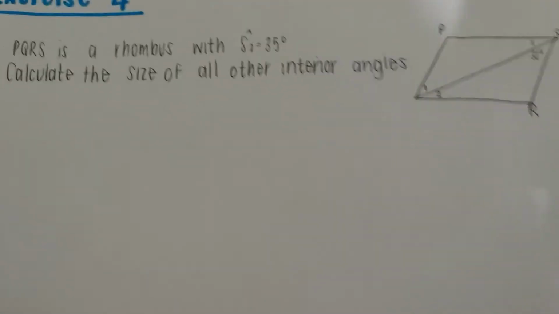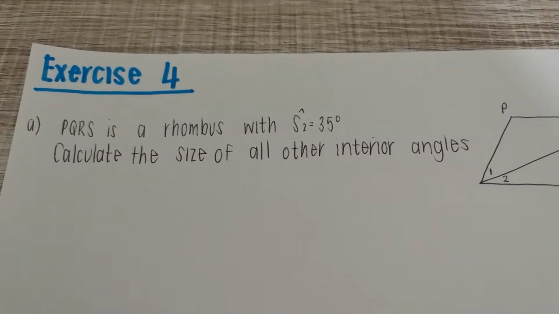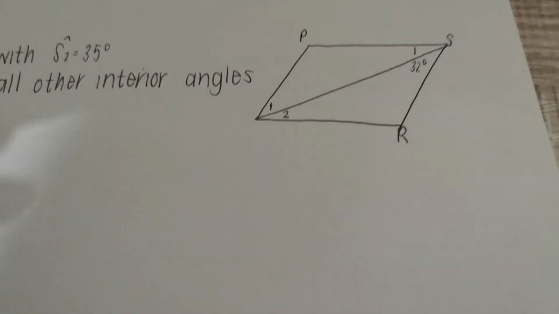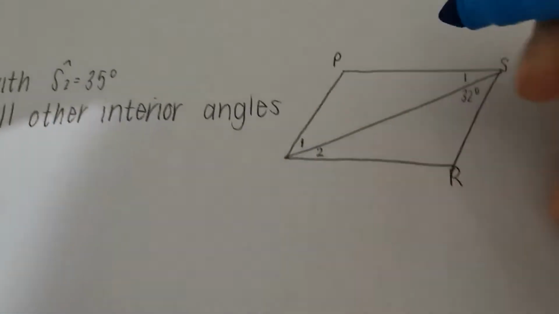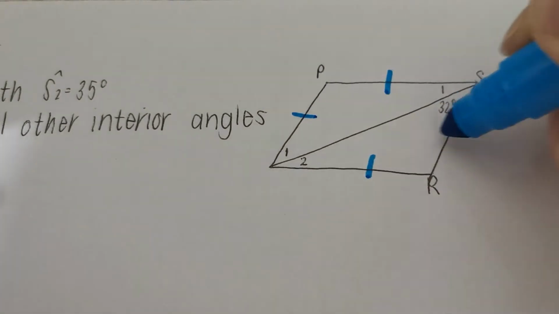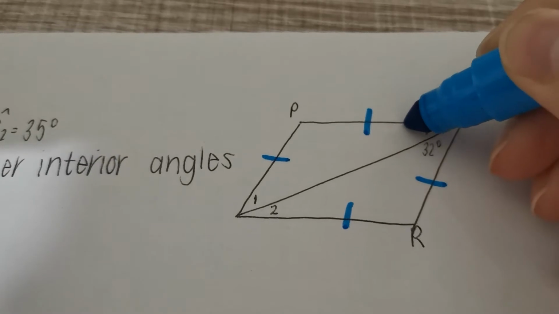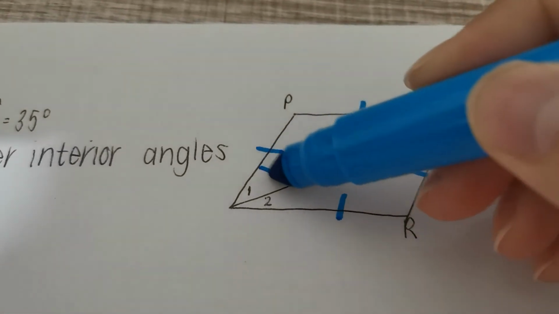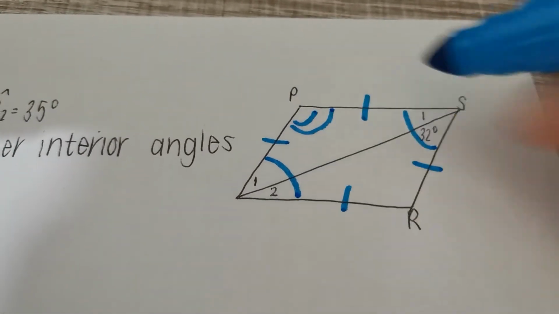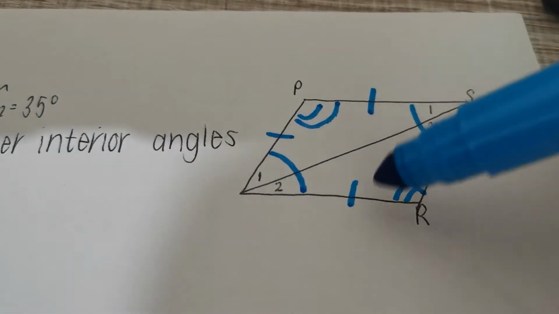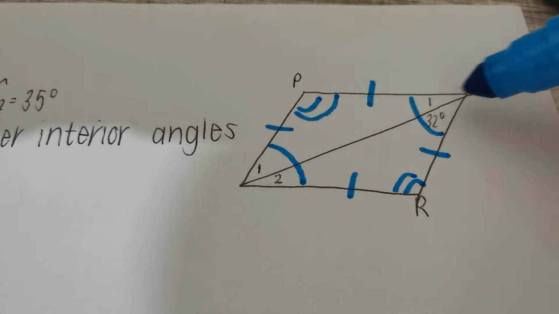Anyway, let's proceed. It says PQRS is a rhombus, so automatically I know, let's fill it in color, all sides are equal. That's one of the properties. I also know that opposite angles are equal, so this angle equals this one here equals this one over there. I also know that this side is parallel to this side, so can you see the Z?